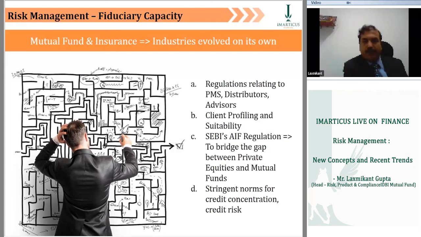Let private equity also have a compliance officer or risk management functions, and various stringent norms relating to disclosures. Stringent norms for credit concentration and credit risk were also introduced, as I informed you, which is basically coming out of the learning from the Lehman crisis, the recent Amtech case and real estate exposures in India also in 2008.